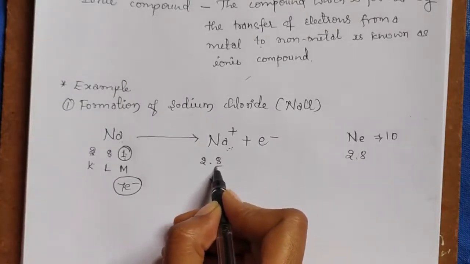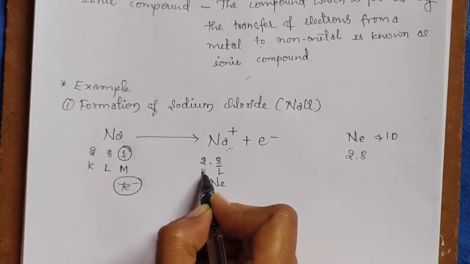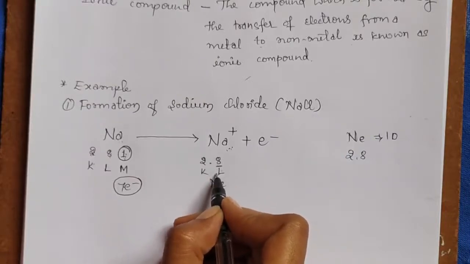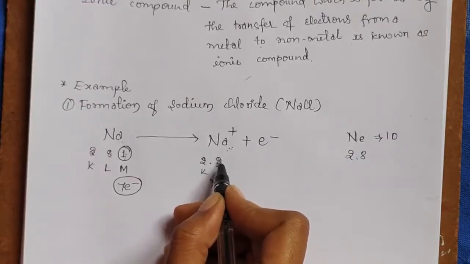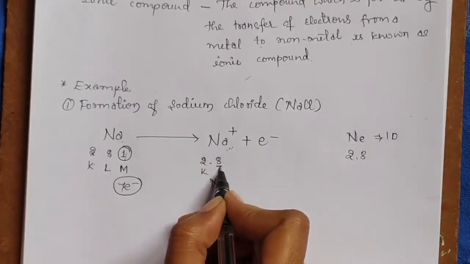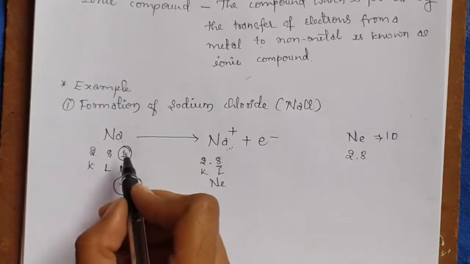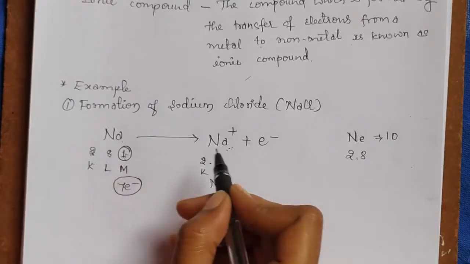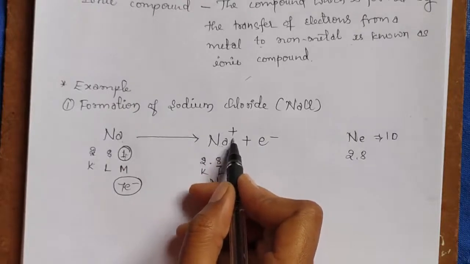Now the L shell is its outermost shell, it has 8 electrons and is completely filled. So this sodium cation is now stable. On losing 1 electron, the neutral sodium atom is converted into a sodium cation.